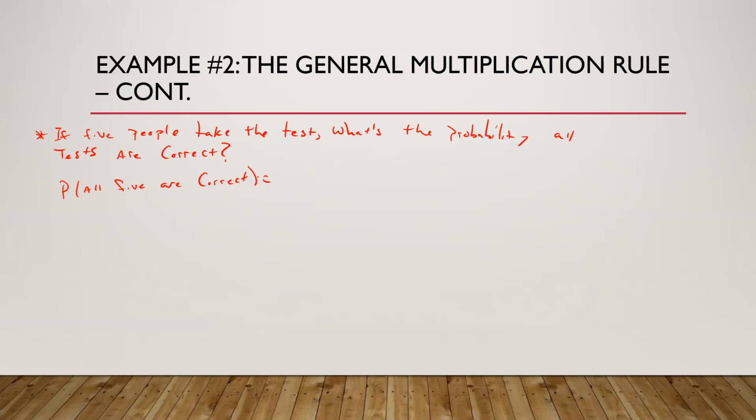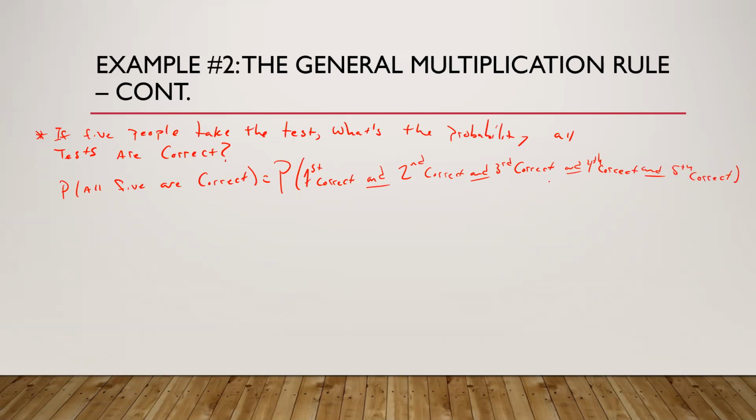Probability first one correct, and then multiply it. Hold on. First is correct. And if I want them all to be correct, what does the second one need to be? Second correct. Then you can see the pattern immediately. And the third needs to be correct, and the fourth needs to be correct, and the fifth needs to be correct.